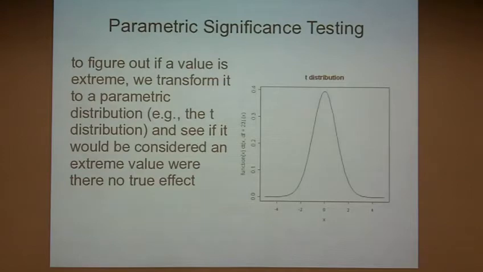Using those two numbers, you can transform them into a t statistic, and then you look on this t distribution and ask: is the t-score that I observed past the 95% level? Does it lie to the right of 95% of this curve, or doesn't it? And if it does, then you remember that you should have corrected for multiple comparisons. Then you do it again, and then finally you report it.